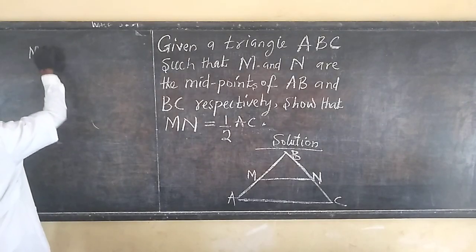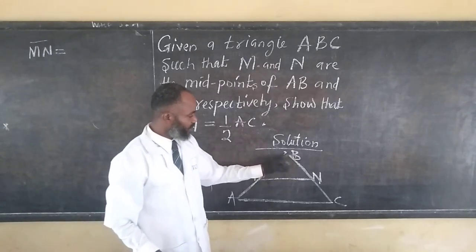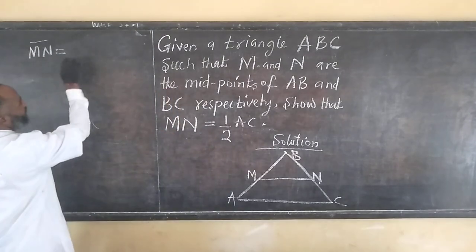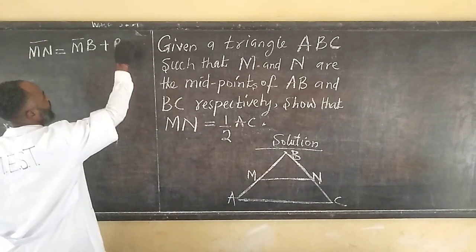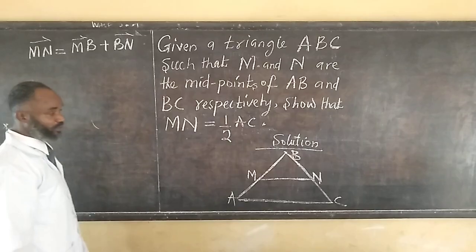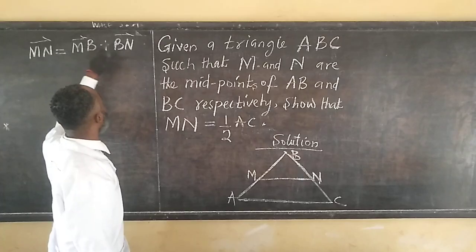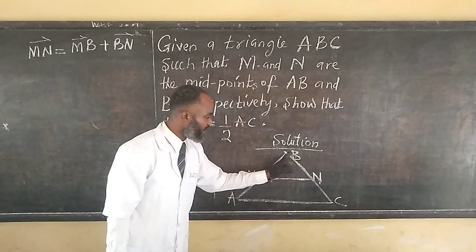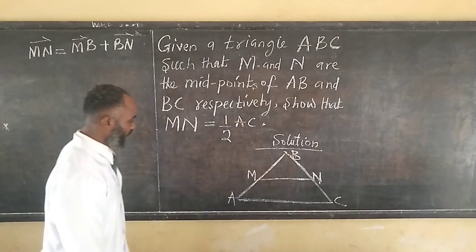Line MN is equal to MB plus BN. Remember, we are solving this as a vector, and the line you're seeing is a vector. So MN is equal to MB plus BN.